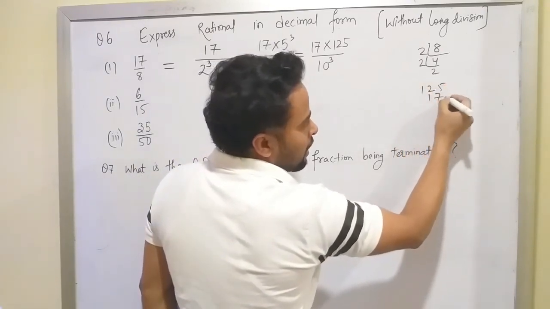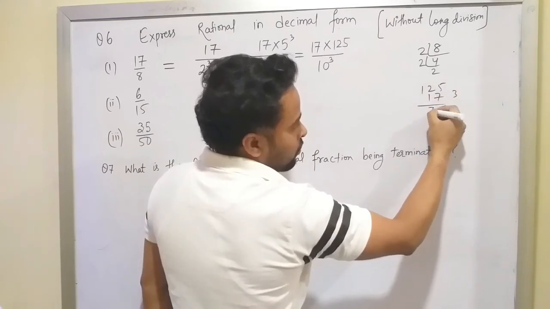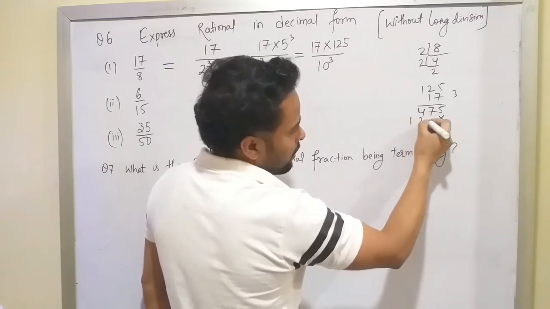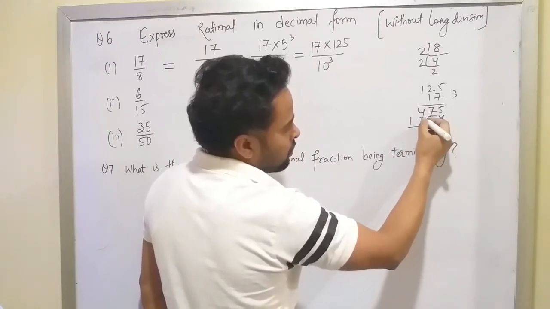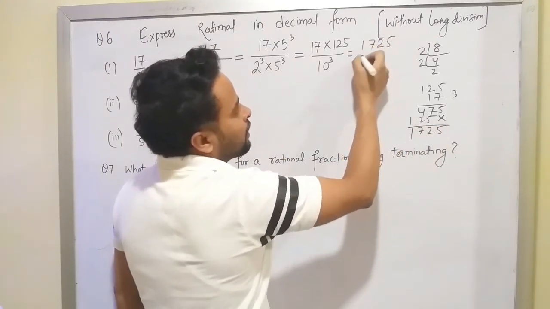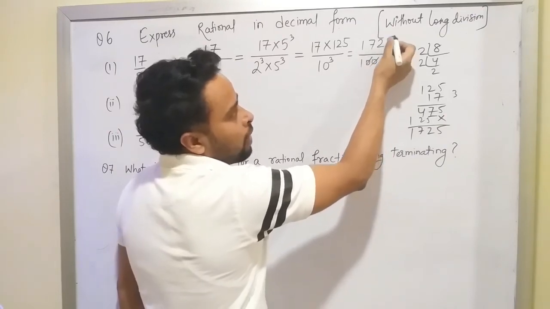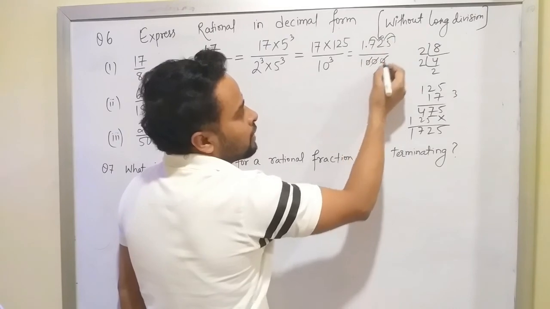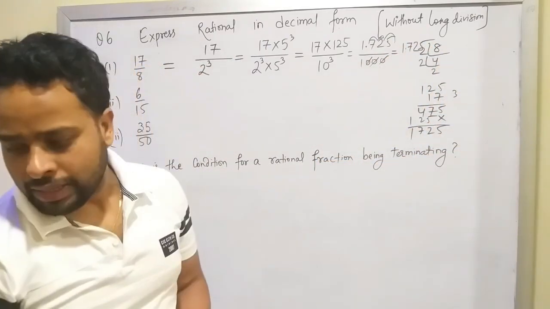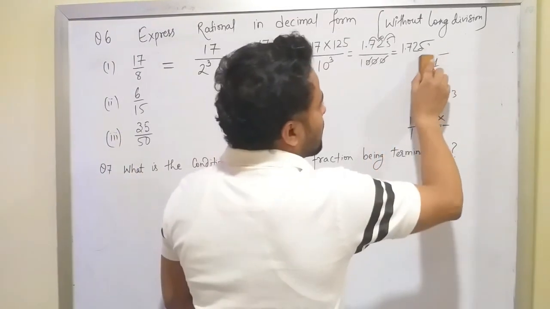That gives 1725. Dividing 1725 by 1000, we move the decimal three places. So the answer is 1.725.